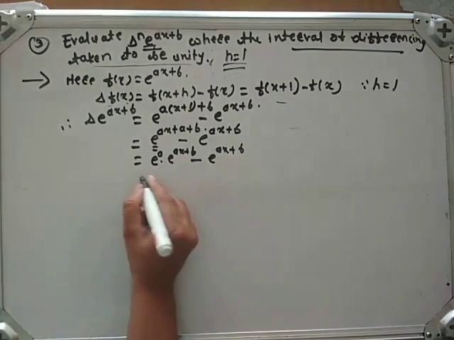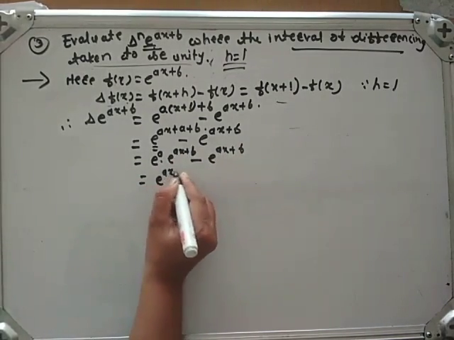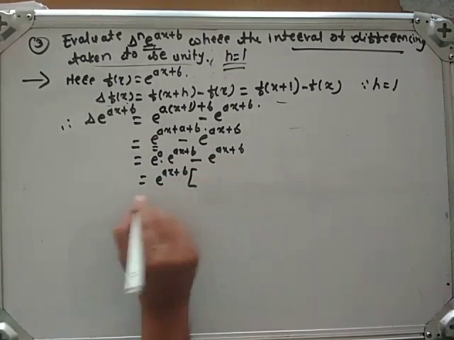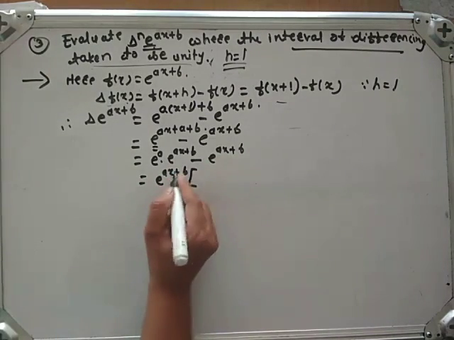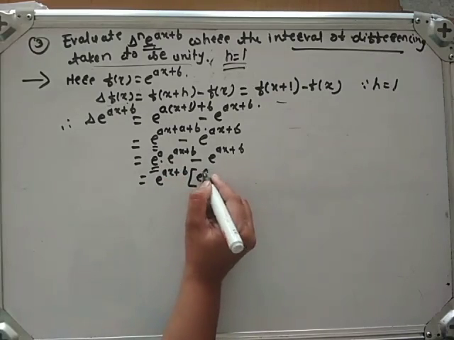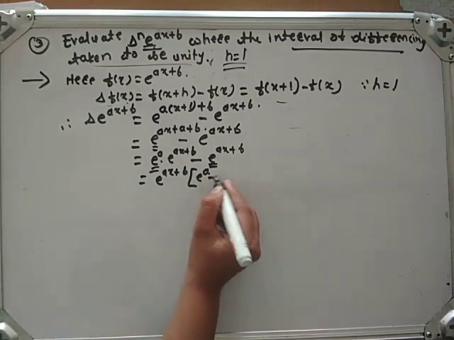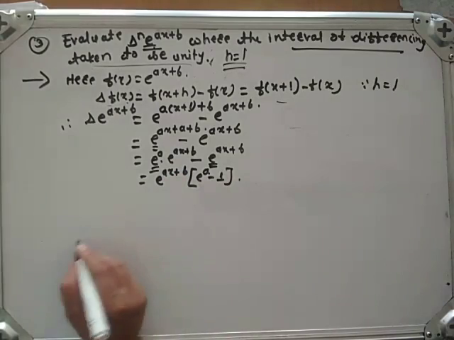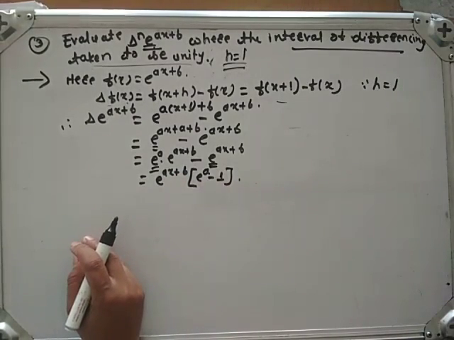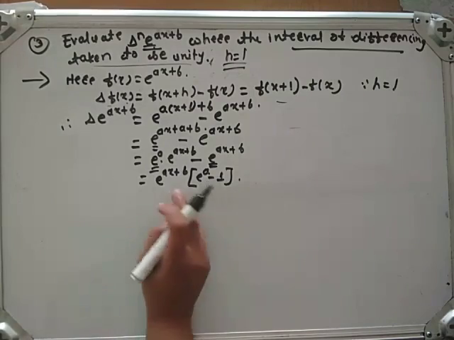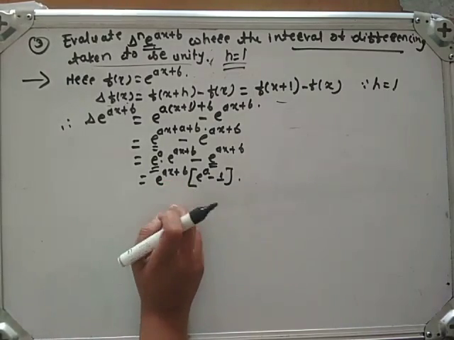In these two terms e raised to ax plus b is common, so take it outside, and in the bracket remains e raised to a and minus 1. Therefore we get delta of e raised to ax plus b is equal to (e raised to a minus 1) into e raised to ax plus b.